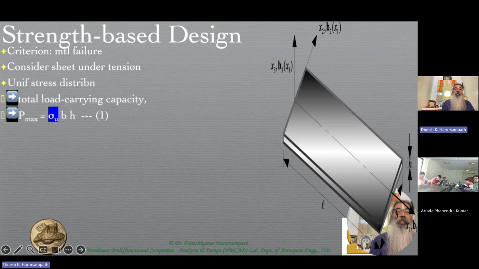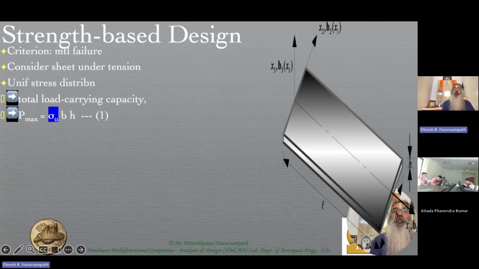So it will be that stress times the cross-sectional area, which in this case has width b, as we saw over here, and the thickness that we are denoting by h. So the cross-sectional area is breadth times height, b times h, multiplied by the uniform stress that is reached. Once P has reached its maximum value, sigma also has reached its maximum value.